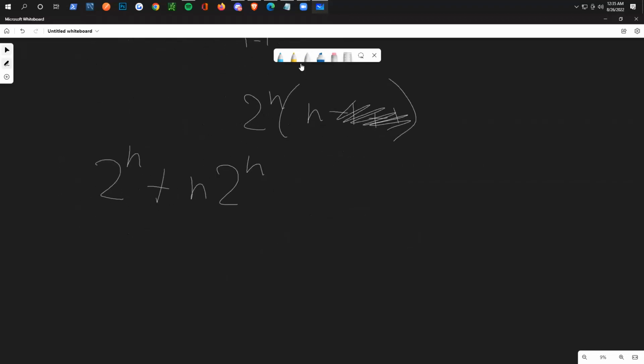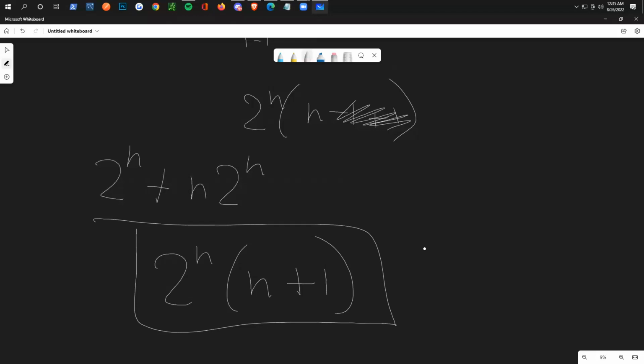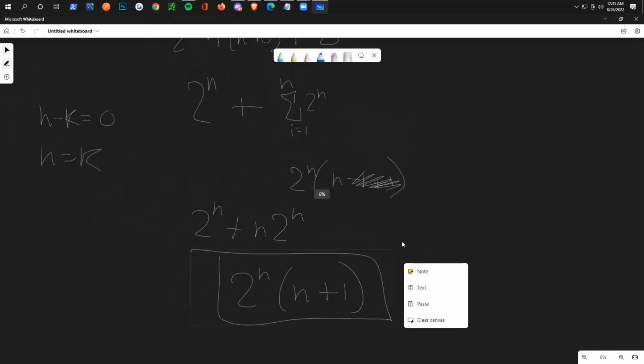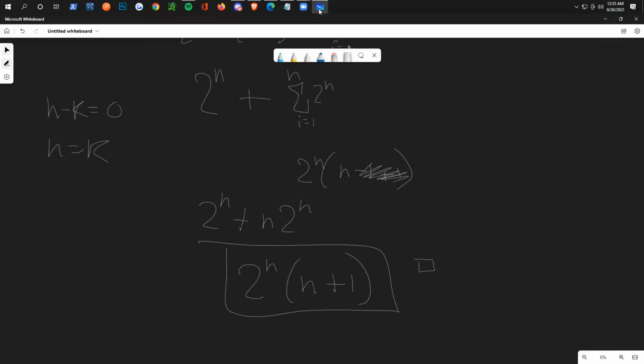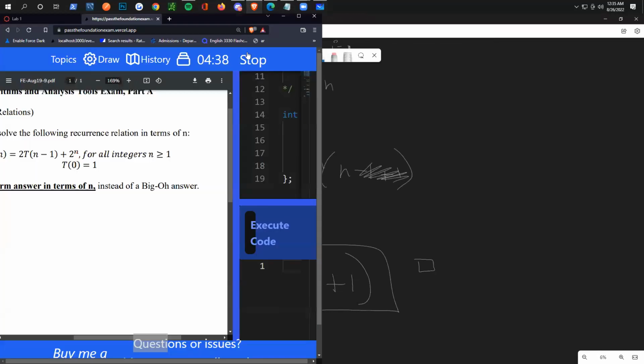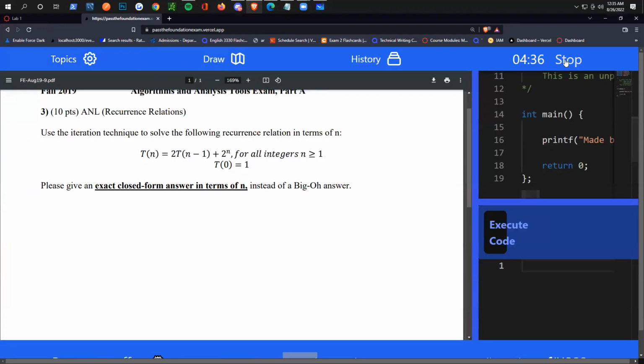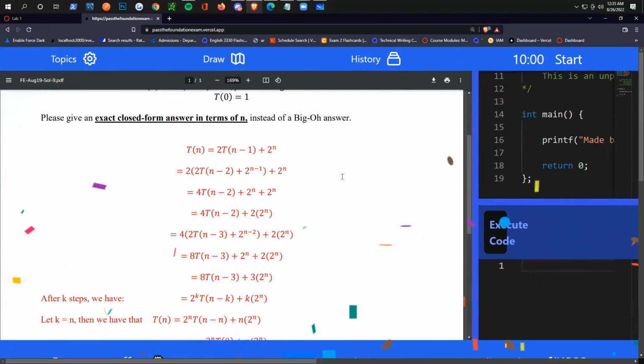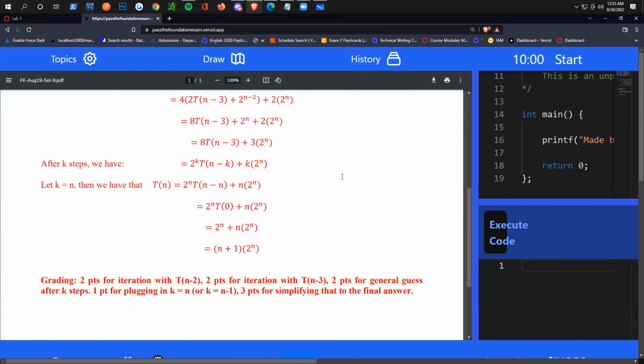And think about it, what can we factor out? We can factor out a 2 to the n. Now we have n plus 1, and this is our final answer. So let's see, 2 to the n times (n plus 1). Two to the n times (n plus 1).